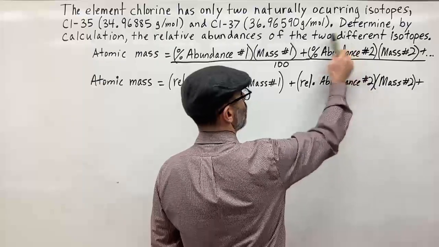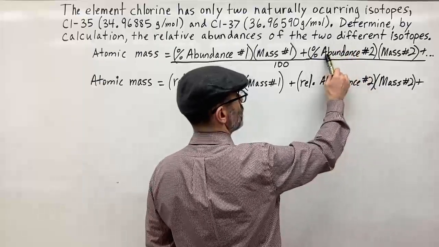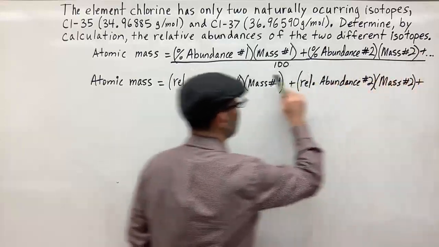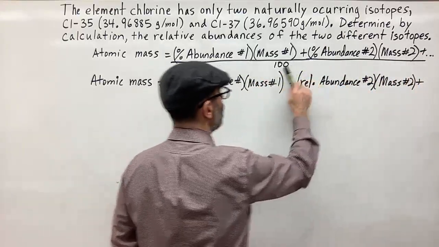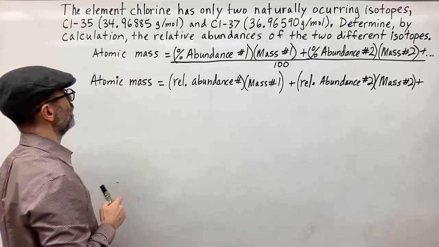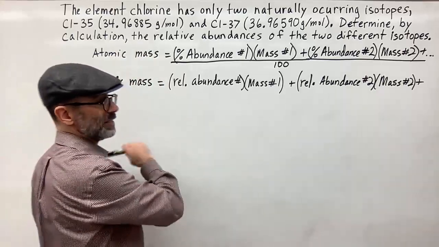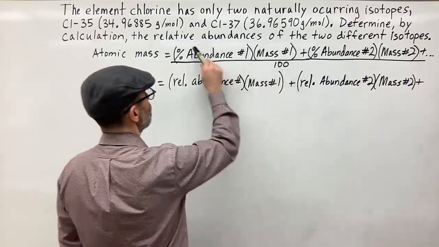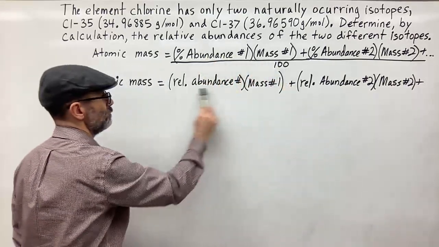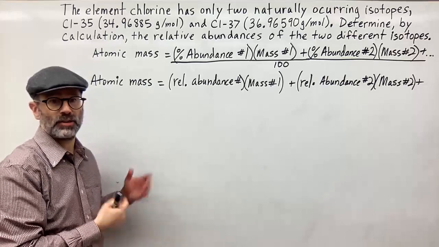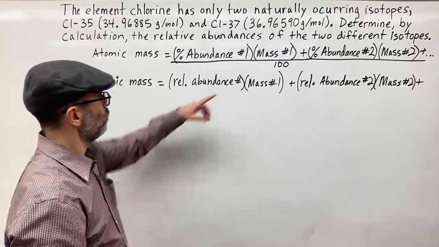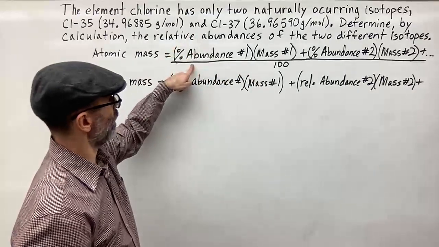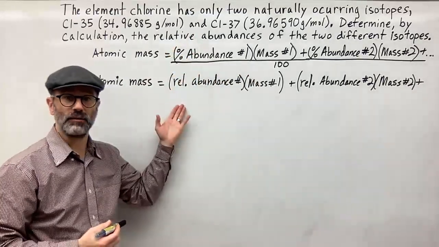Add to that the percent abundance of number 2 by the mass of number 2, and so on. And then you would take all that, divide by 100, and that would give you the atomic mass. But as I was showing you a moment ago, taking the percentage and dividing by 100 gives you the relative abundance. So all you need to do is divide the percentage by 100, and you've got the relative abundance.